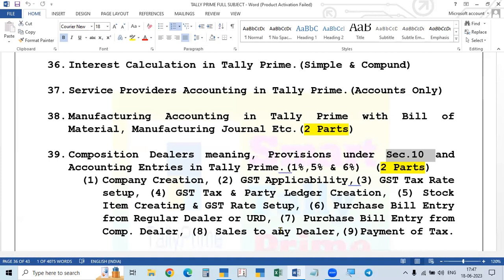Below the heading bill of supply, they have to mention: composition taxable person not eligible to collect tax on supplies. That is to be mentioned on the top, below the bill of supply. And the total bill will be the same as a normal bill. Okay, this is the thing.